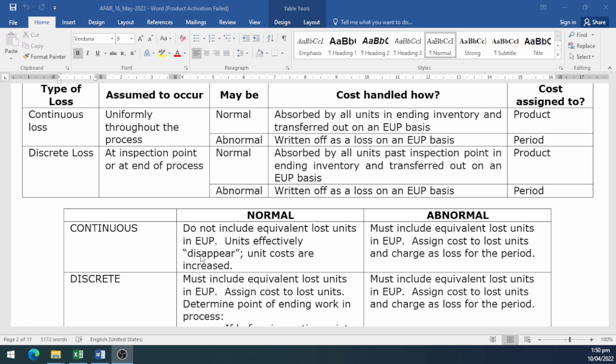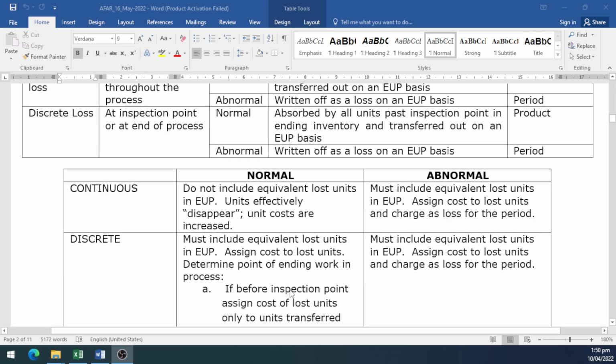Pag abnormal, continuous, compute EUP, assign cost to lost units, and charge as loss for the period. For discrete loss, normal, compute the EUP, assign cost to the lost units, and let the cost be absorbed by units past inspection.